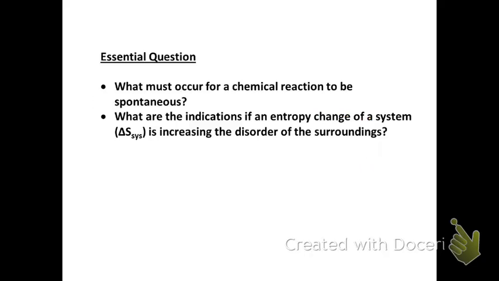But in the chemical process, we could also be creating more disordered matter. And so when matter is becoming more disordered, and the energy is creating a more disordered environment or surrounding universe, then a chemical reaction will become more spontaneous.